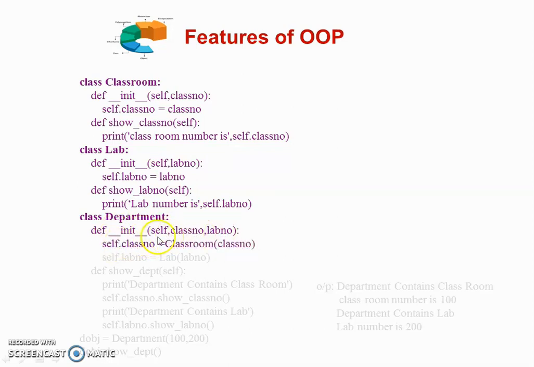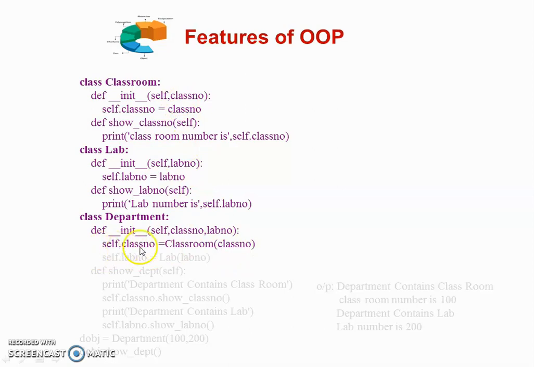Then we initialize self.class_number, which is the object variable of the Department class, and we initialize the value of the Classroom class number to the class number of Department. So we write self.class_number is equal to Classroom, the name of our classroom class, followed in parentheses by the name of its object variable.